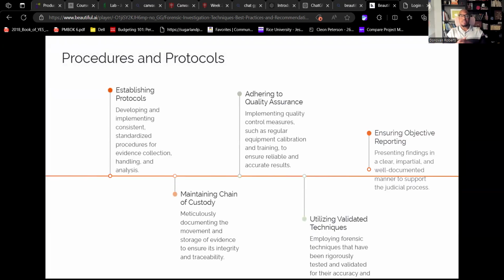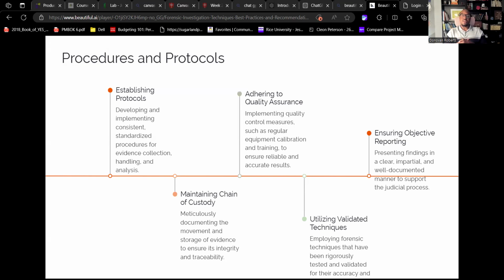So here, too, is a little more digging into the procedures and protocols. As we know, there's a handful of different protocols that go into digital forensics. Like I mentioned before, wanting to maintain a chain of custody is really, really important. From there, adhering to quality assurance, making sure there are control measures. I think the biggest thing we've learned is making a copy of whatever digital evidence you're taking, and then digging into the copy and not messing with the original.